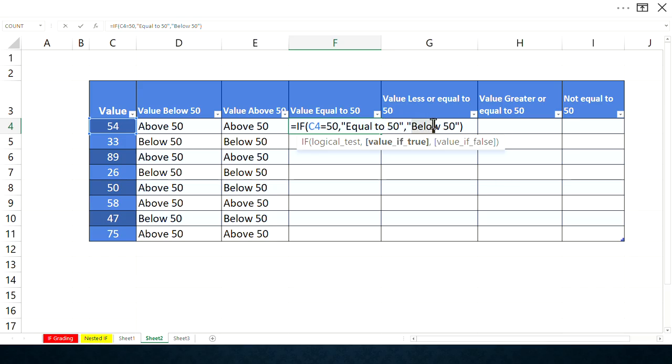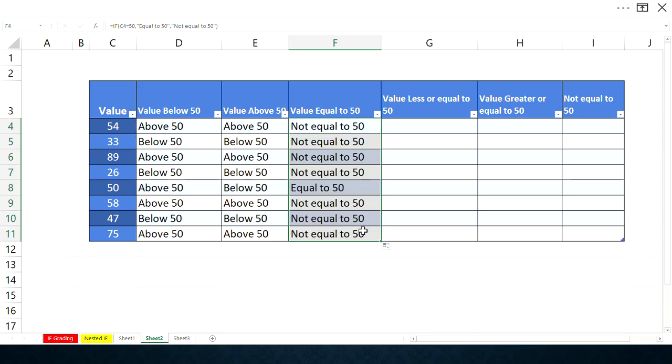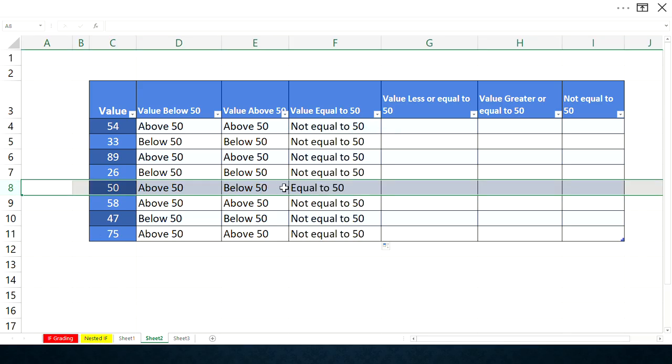Otherwise, it's not equal to 50. So the expression goes there, the logical test being the test value being equal to 50 and the result true, equal to 50. Otherwise, others are not equal to 50. Then we do the needful and we see a value that is equal to 50 while others are not.